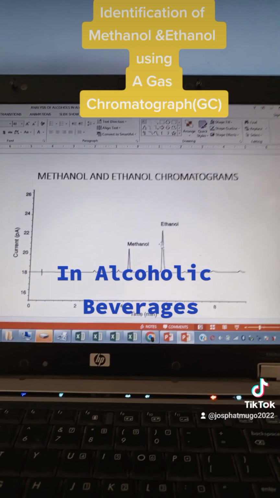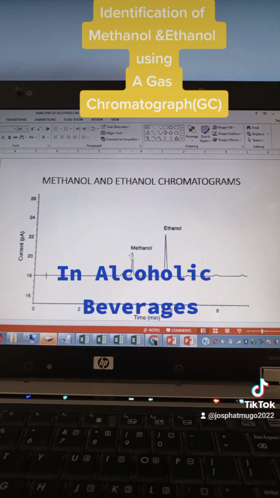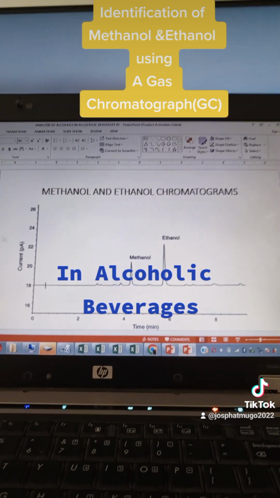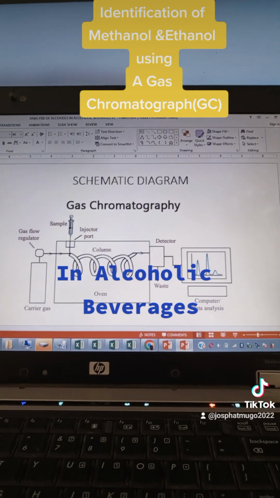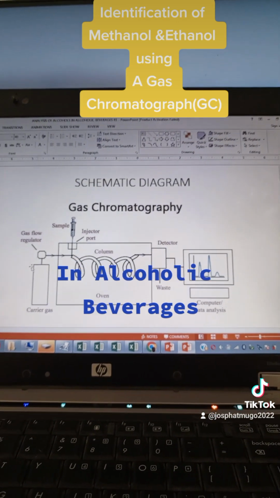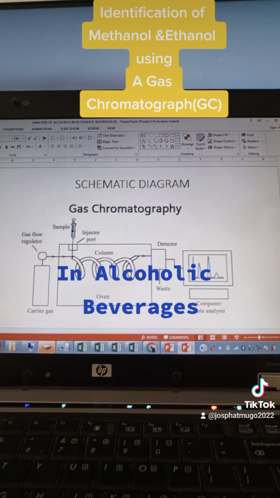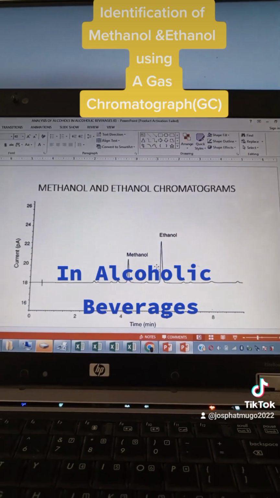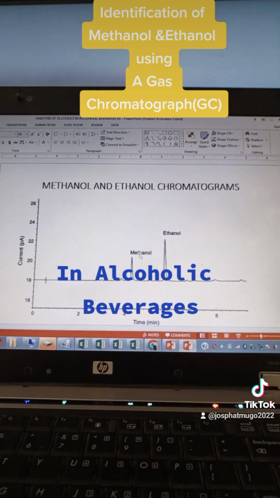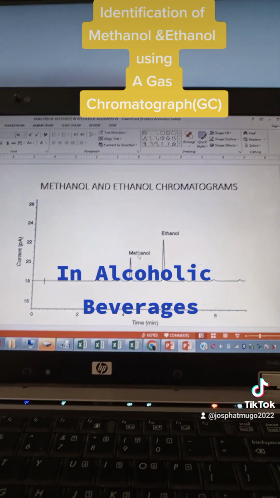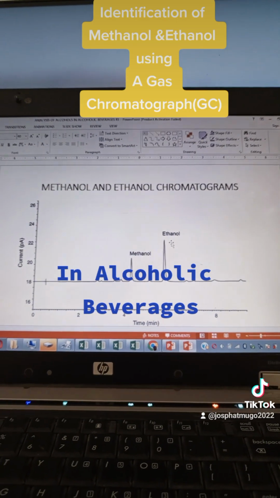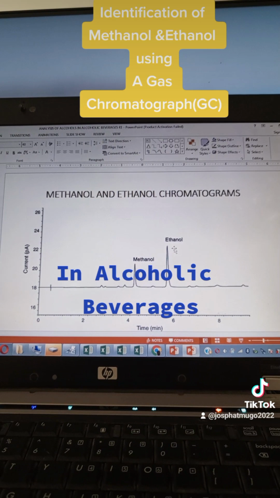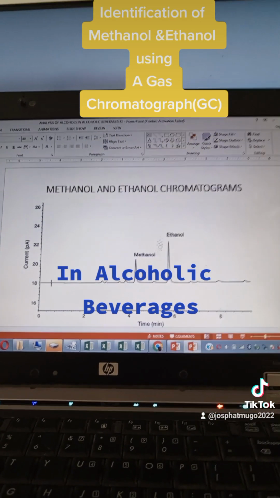So if your alcoholic beverage contains both of these components, methanol is going to come out of the column and be detected earlier as compared to ethanol. In a chromatogram, you'll have two peaks: one for methanol, the first one with a very low retention time, and another for ethanol with a bit higher retention time, because of their differences in boiling point.